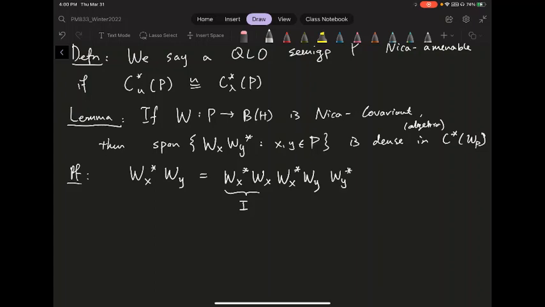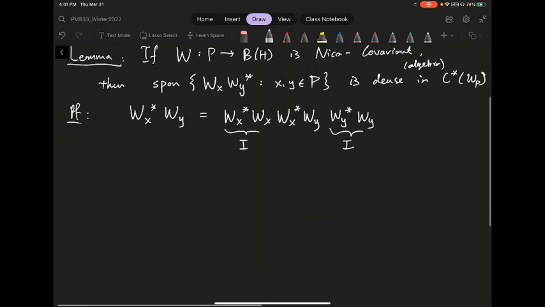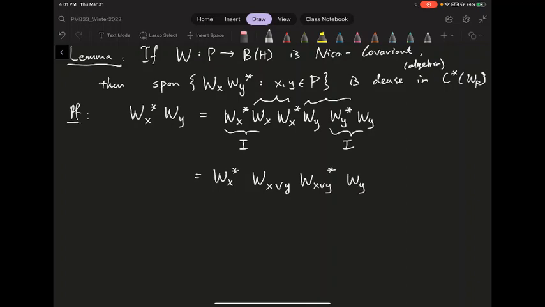And I put a W_y star W_y, which is also identity. So I can insert them inside, and these two are just the range projections of W_x and W_y. By Nica covariance, they become W of the least common upper bound, so W of x join y, star here, and then W_y. Of course, if x and y have no common upper bound, then this is just 0. It just disappeared.